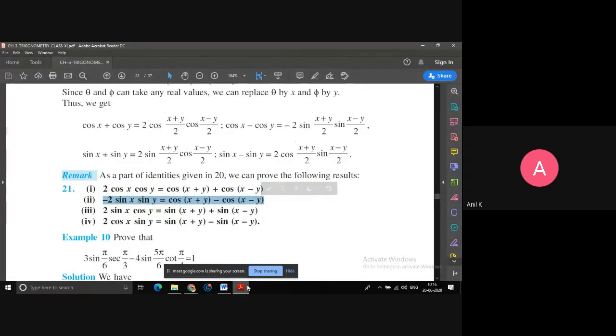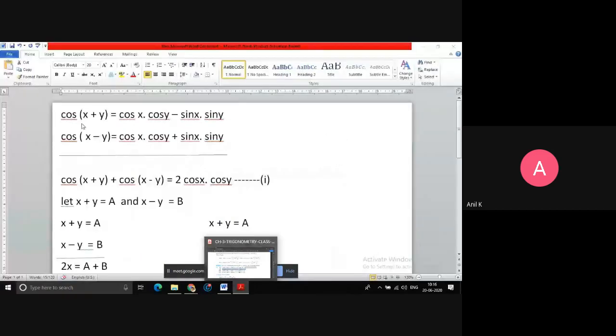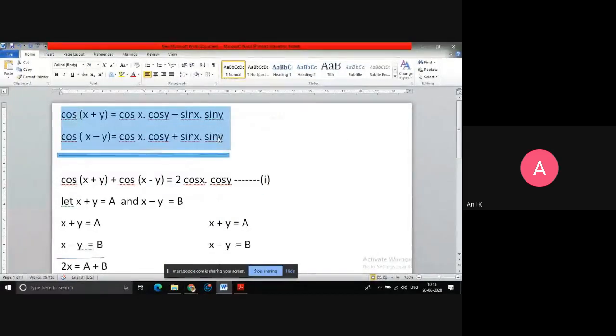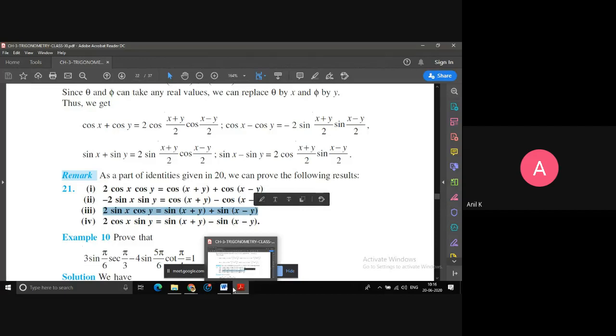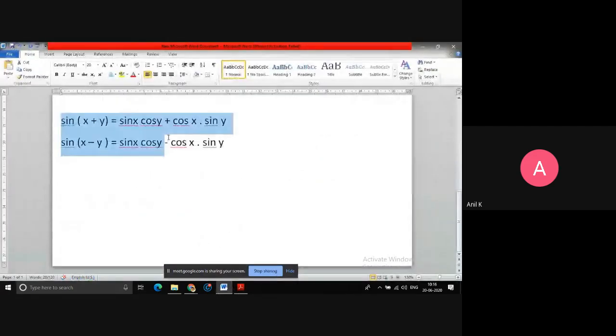This is also just by subtracting these two equations. And the third one is 2 times sin x cos y equals sin (x plus y) plus sin (x minus y), which you derive just by adding these two formulas. That identity can be derived.